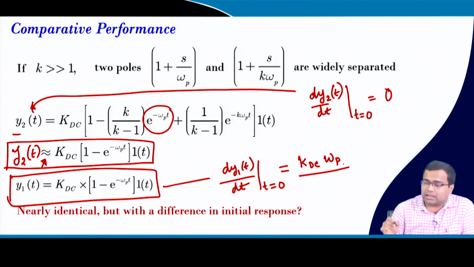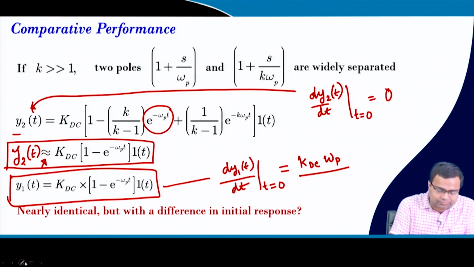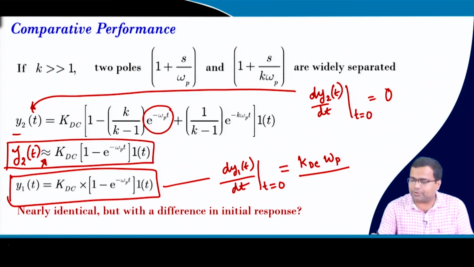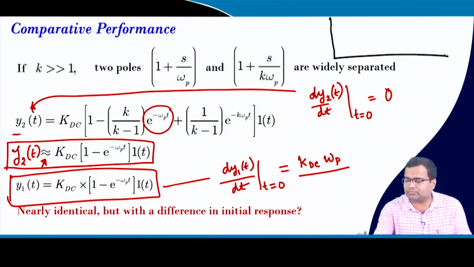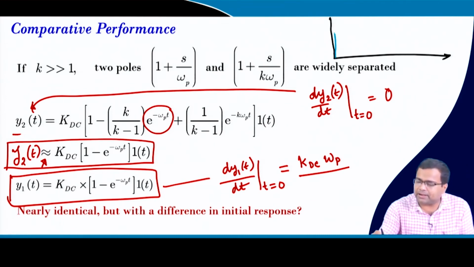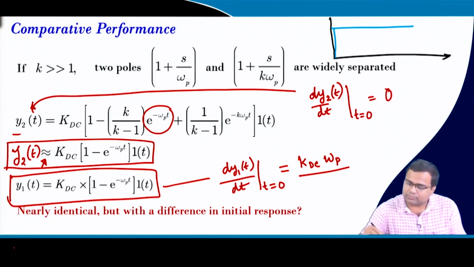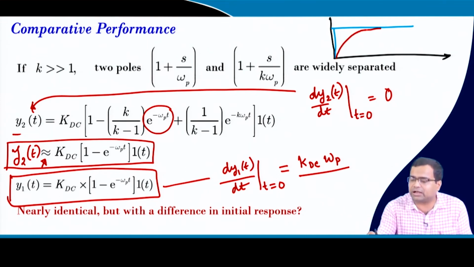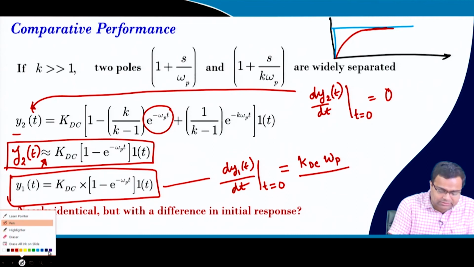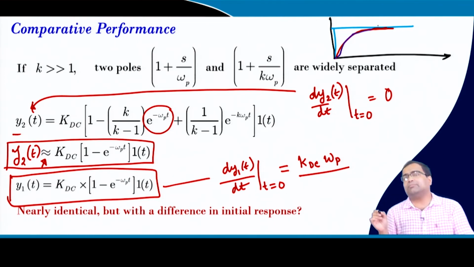That means, at the beginning of the response there will be a difference, that means in the derivative. That means, if I draw the response, if I apply a step input, let us say I have applied a step input here, then the response of the first order system will be like this, it will not touch, it will just go close, and the response due to the second order system initially will go and then try to match, they will match because they are identical.